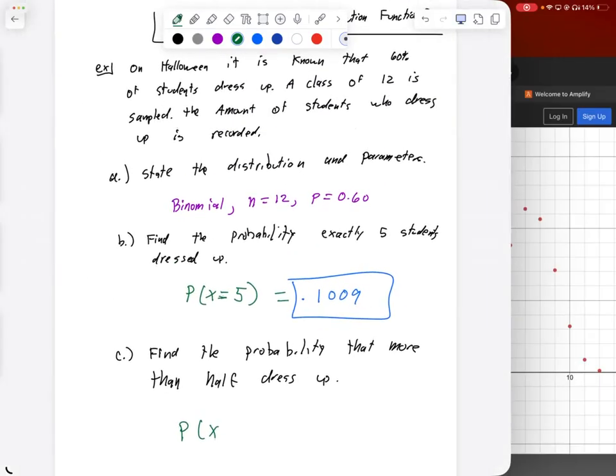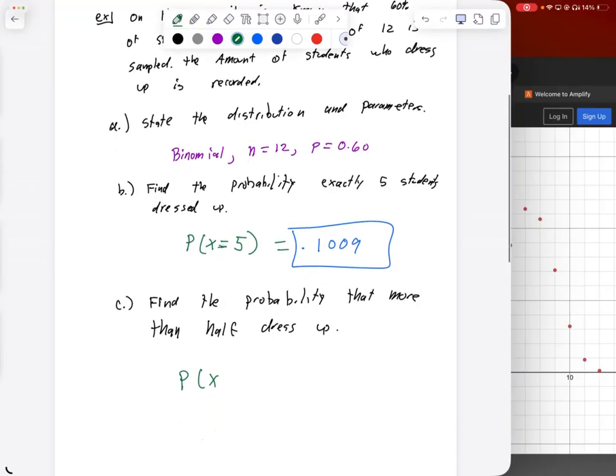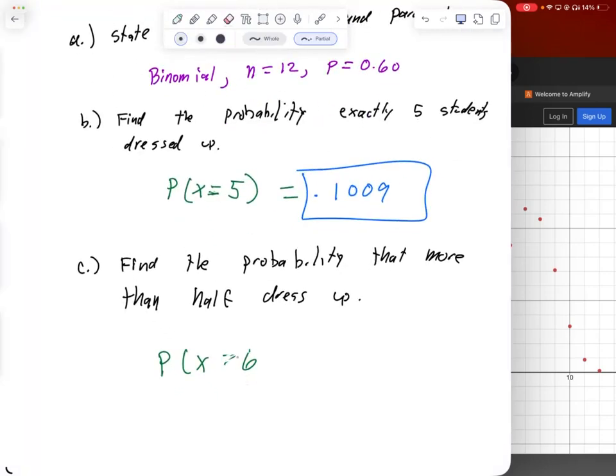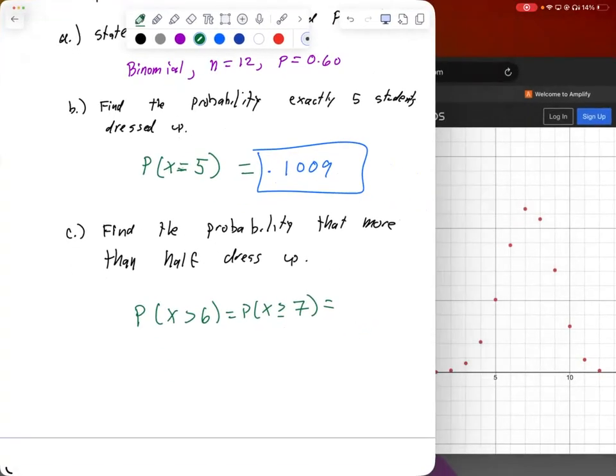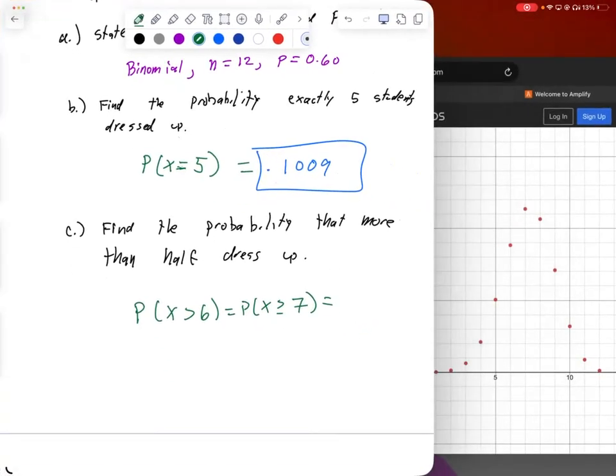So how much is more than half? More than 6. We always want to write it with the correct inequality symbol, so we're going to change it. This is saying more than half, which is the probability that X is greater than or equal to 7. How much is more than 6? This is just like your do now. 7 or more. That would be more than half, right?